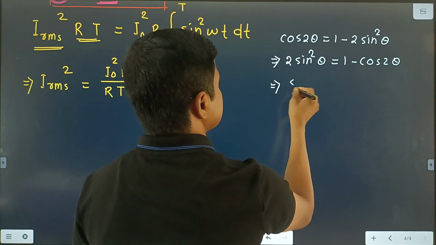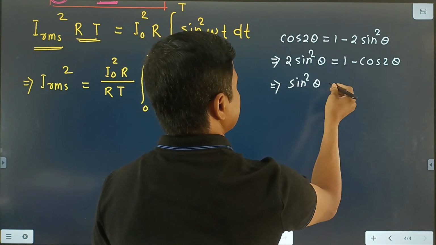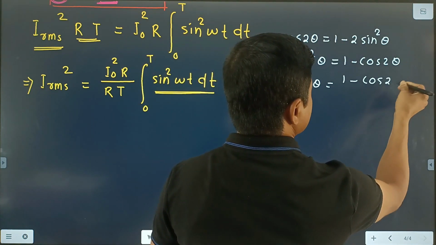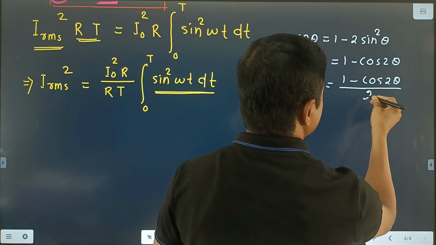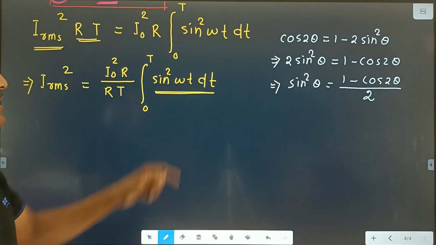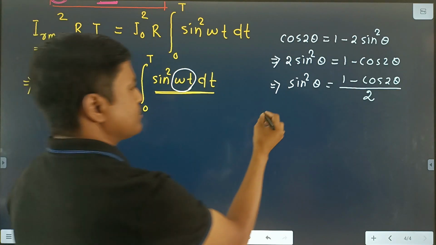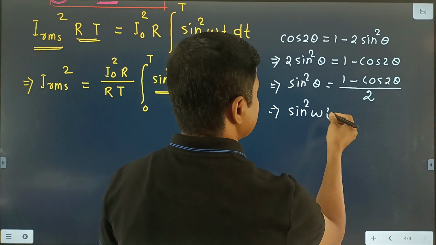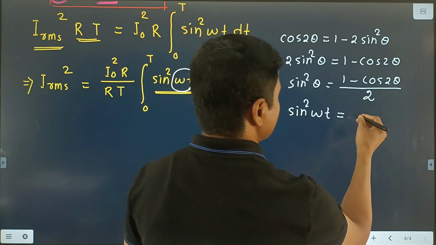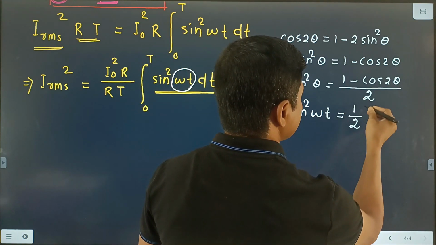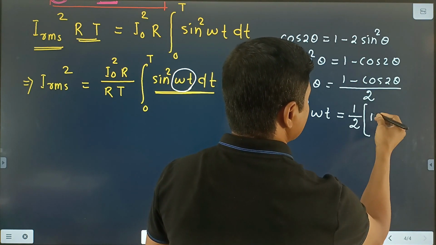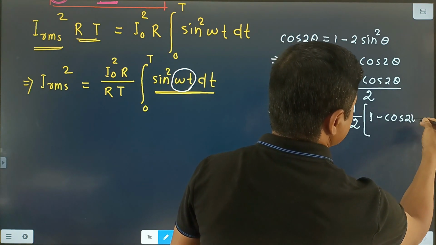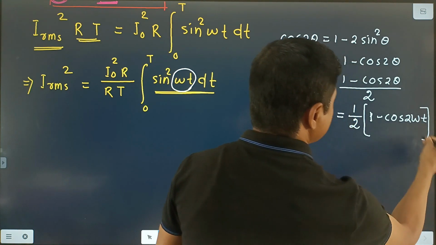So sin square theta is equal to 1 minus cos 2 theta divided by 2, and in place of theta we have omega t, so sin square omega t is equal to half multiplied by 1 minus cos 2 omega t.